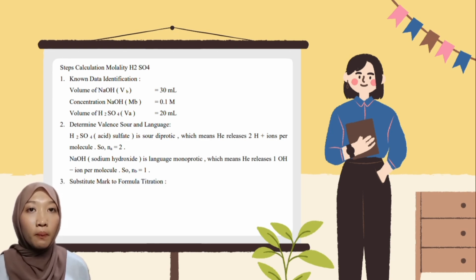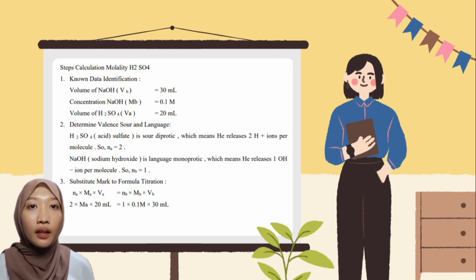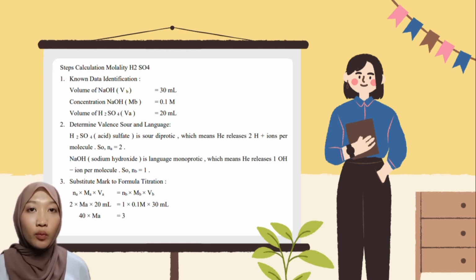Next, substitute the values into the titration formula Na multiply Ma multiply Va equals Nb multiply Mb multiply Vb. Na is 2, Ma is unknown, multiply 20 mL equals Nb is 1, Mb is 0.1 M, and Vb is 30 mL. So 40 multiply Ma equals 3.